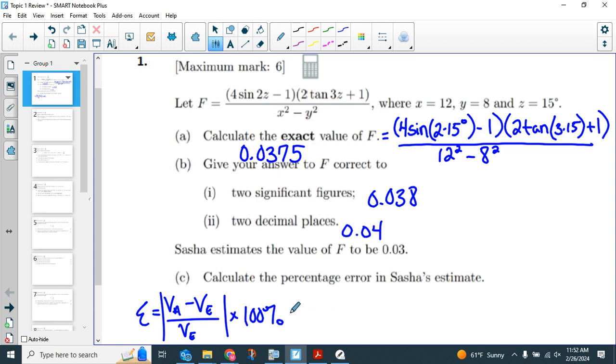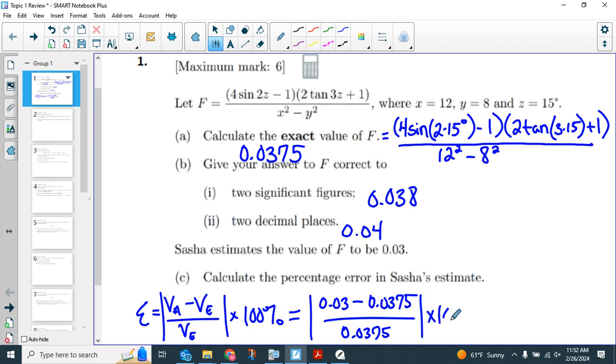So from here, the approximated value is, I'm sorry, the approximated value is 0.03. So 0.03 minus our exact value, which is what we wrote up here, 0.0375, all over 0.0375 times 100.